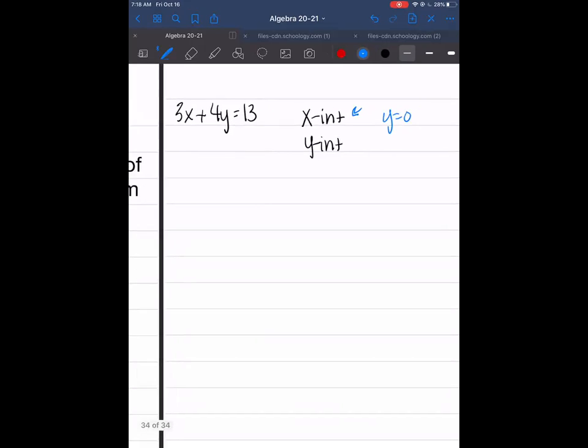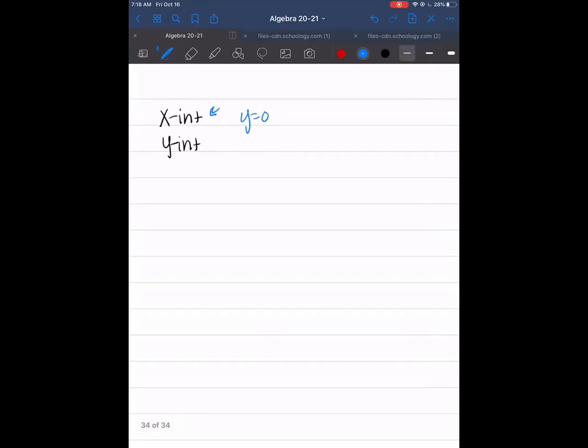So substitute in 0 for y. 3x plus 4 times 0 equals 13. 4 times 0 is 0, so 3x equals 13. I'm going to divide by 3 on both sides, so x equals 13 thirds.